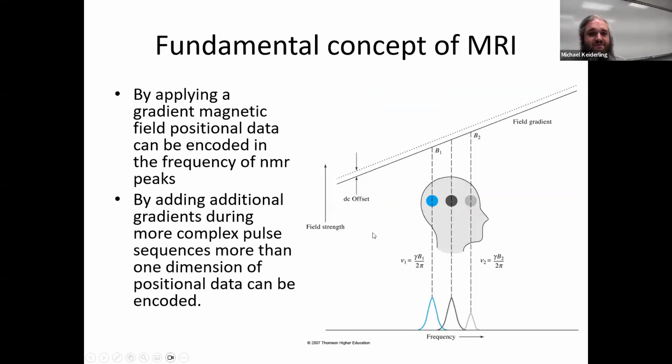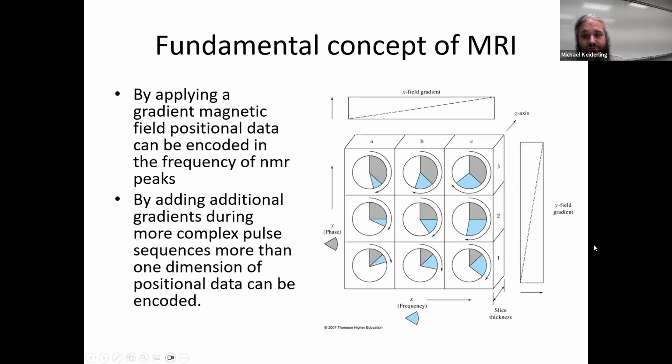So the fundamental concept of MRI is by applying a gradient magnetic field, positional data can be encoded into the frequency of NMR peaks. And by adding additional gradients during more complex pulse sequences, more than one dimension of positional data can be encoded. So basically here, we're getting positional data this way in frequency. And by adding another pulse, we can get another direction in the phase.